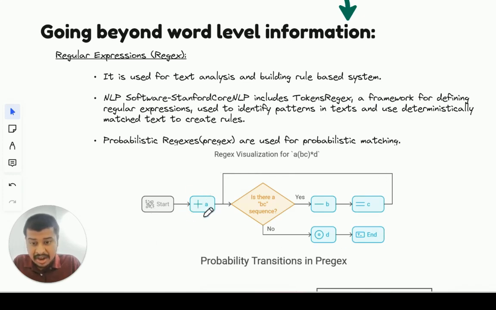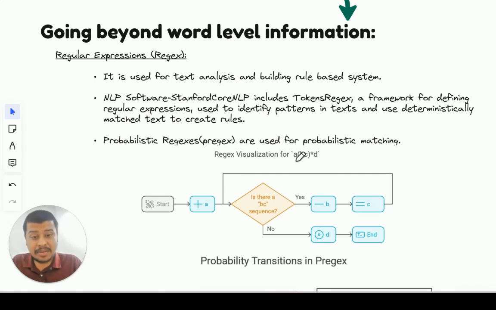Any string starting with A, then continuing with B and then C, and then again continuing with B, C, or ending after B and C with a D, could be accepted by this particular rule-based system.